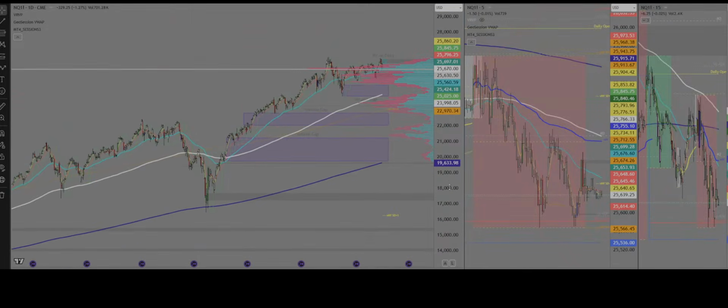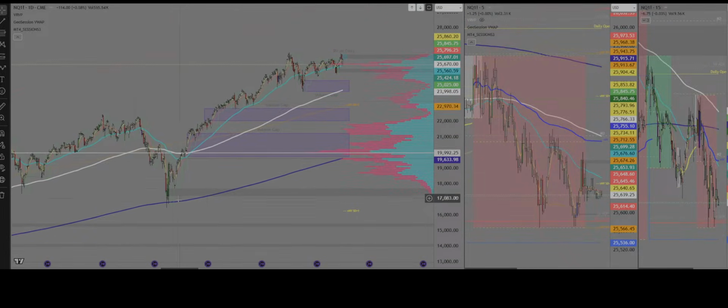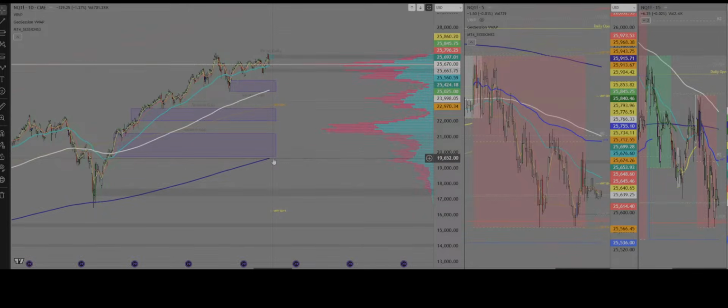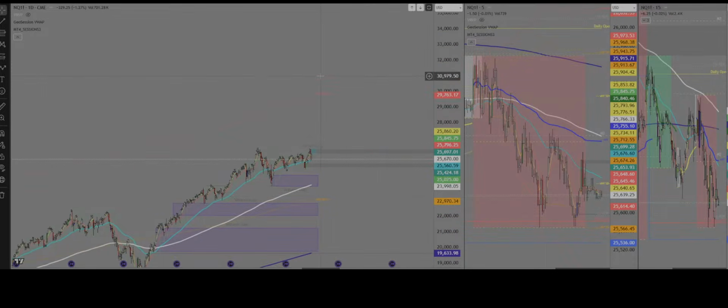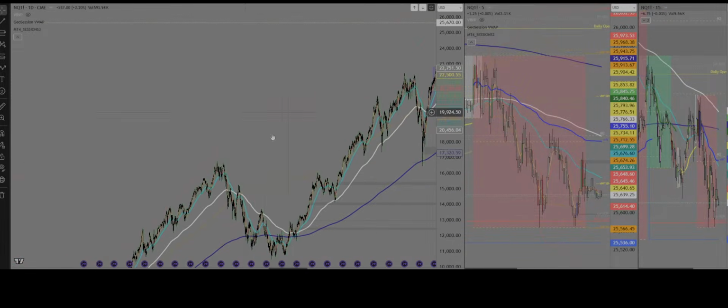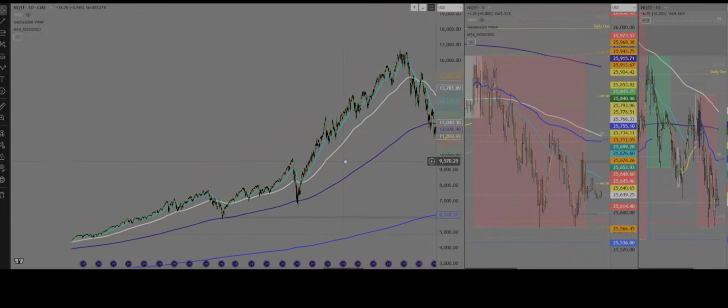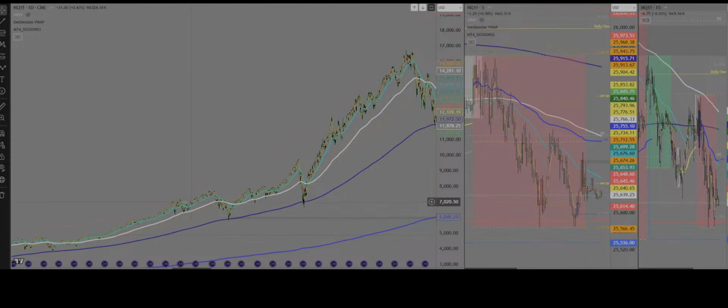Interesting look on the, we didn't really touch anything here. Turn this off. I'm just looking at the daily standard deviations. Like we are not that extended. Look, this was extended. Look at how this rode. We hit here, went sideways, pulled back.